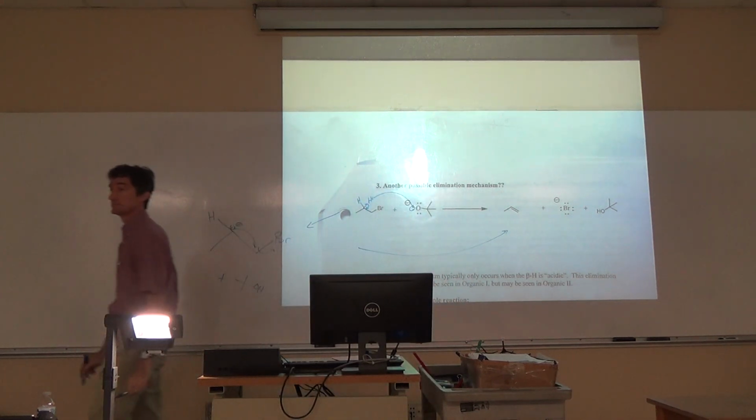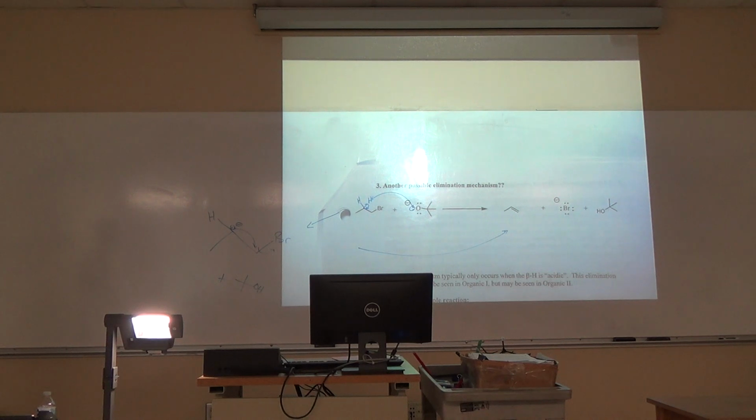That gives all that. Why doesn't that one happen all at once then? Well, if we did it all at once, I'd be doing the same mechanism as before. I'm just doing it a third way. But that's not actually gonna happen. I'm not gonna put a negative charge. This is not the mechanism.